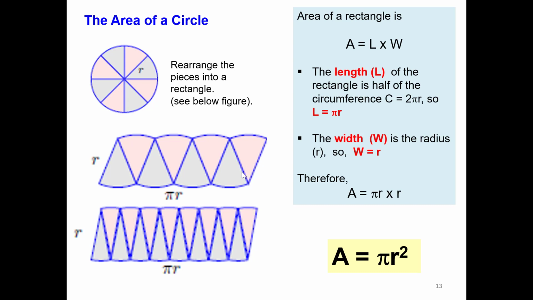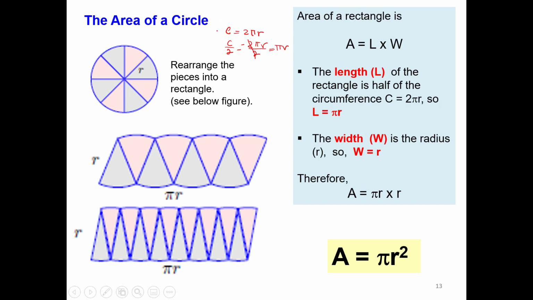What we can see is that we have 4 pieces on each side. The length of the rectangle is half of the circumference. Let me write here that the circumference is 2 pi r. So half of the circumference, if we divide by 2, will be just pi r.